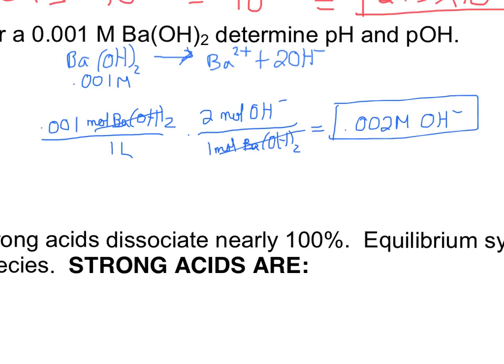Okay. Now, the reason why we find the OH- concentration is so we can find the pH and the pOH. And so it would be easier to find the pOH first since this is the OH- concentration. So you can say that pOH is equal to negative log of the OH- concentration.